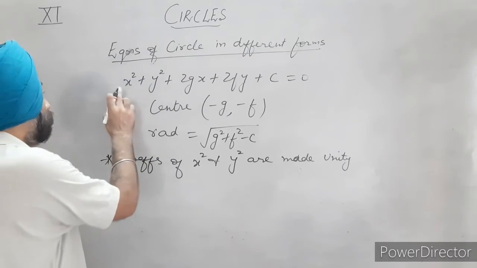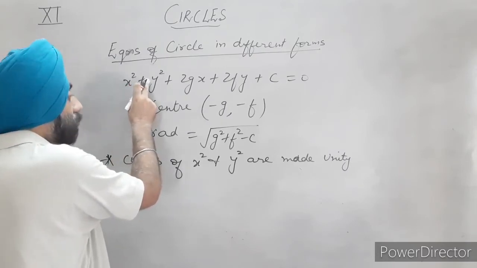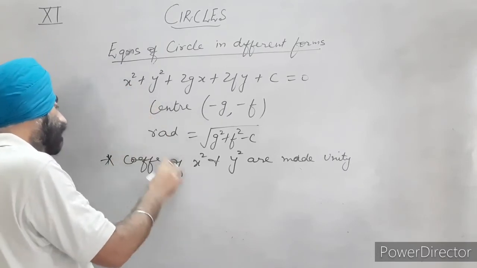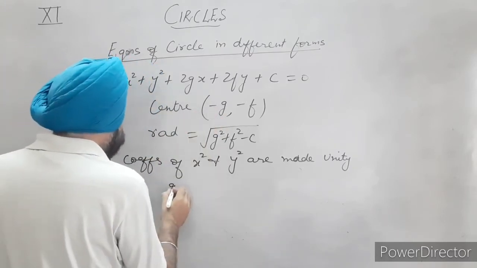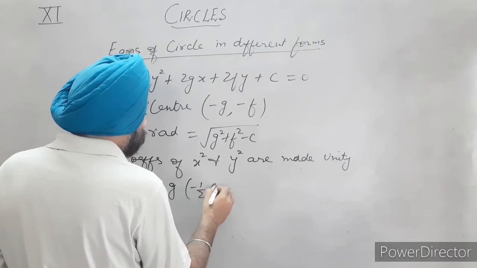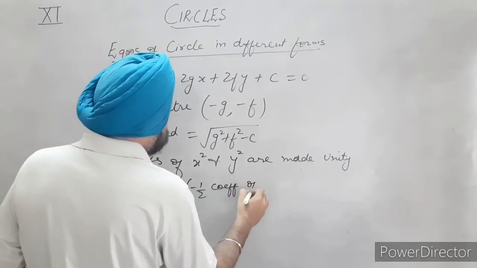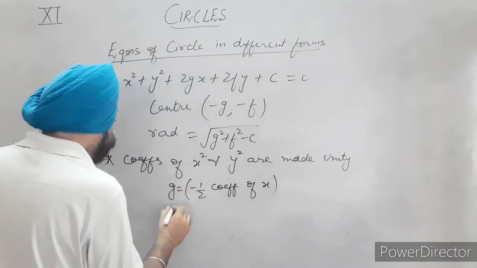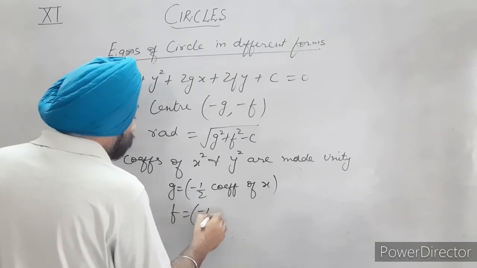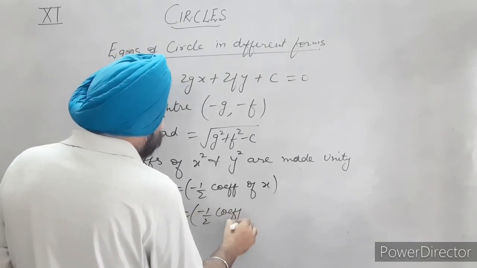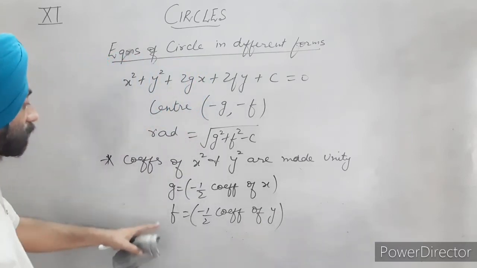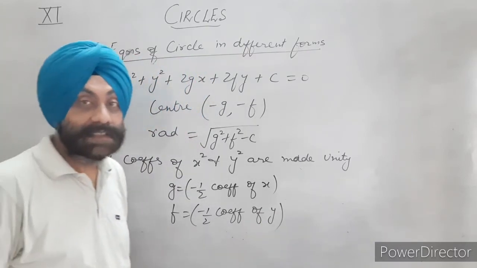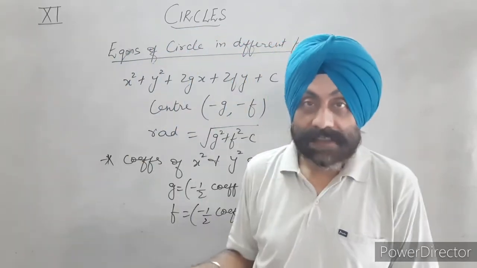That means it should be 1 over here, it should be 1 over here. Then we calculate the center, right? Now g is minus half coefficient of x and f is minus half coefficient of y. This is g, this is f. Then we write the center, that is (minus g, minus f).